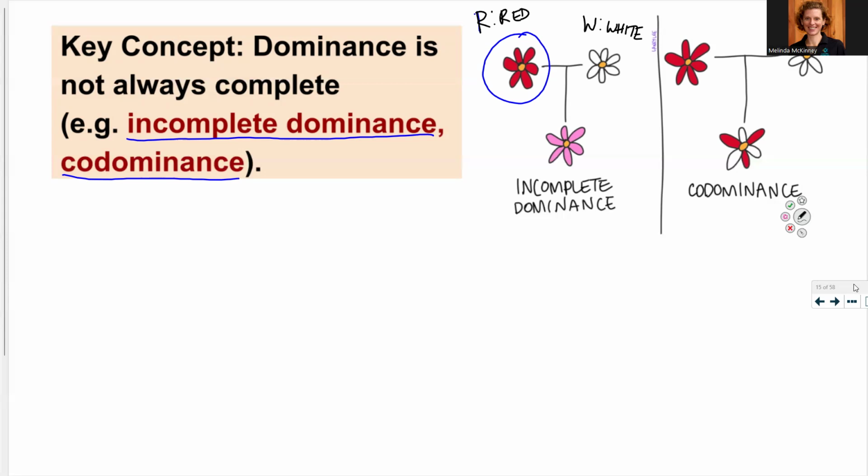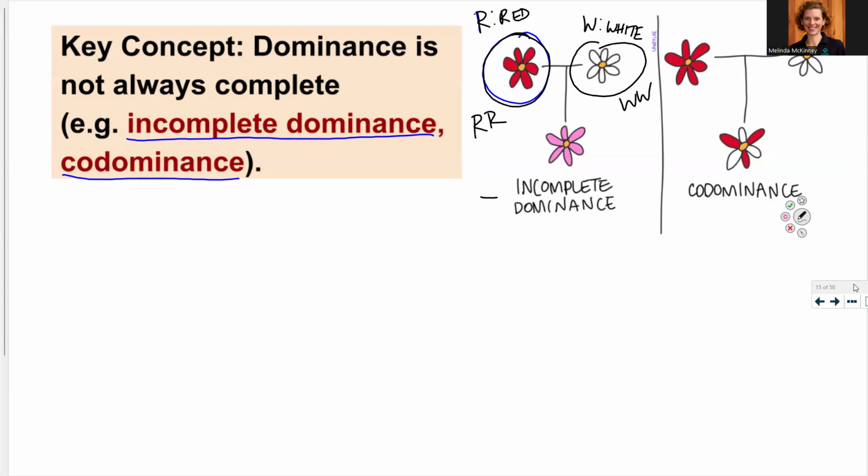So for incomplete dominance, we have one parent that's red. Their genotype would be RR if we had the original type of notation, and the white in this case would be WW.